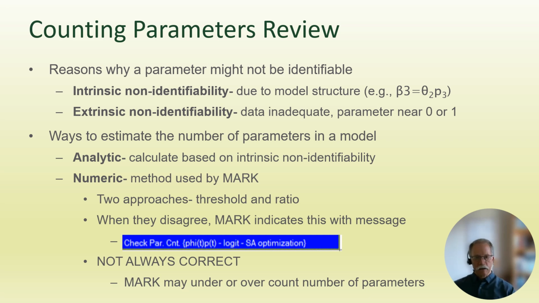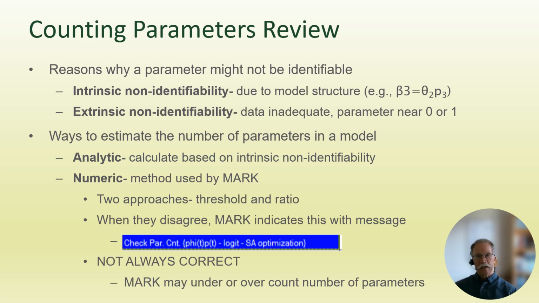And secondly, extrinsic non-identifiability, where a parameter that's in a model simply can't be estimated by Mark because the data are inadequate, the parameter is close to 0 or 1, or maybe both things are going on, and it's simply unable to come up with an estimate based on the numerical methods that Mark uses.